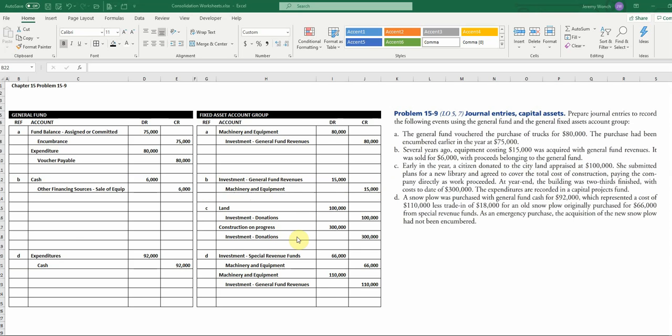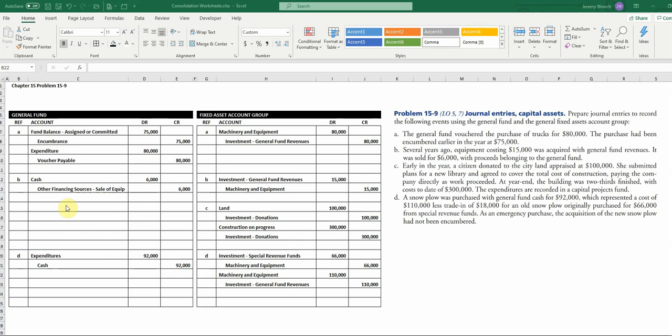All right, in part C, earlier in the year, a citizen donated to the city land appraised at $100,000, and they're going to build a library. At year end, the building was two-thirds finished with cost to date of $300,000. We want to record that in our capital projects.